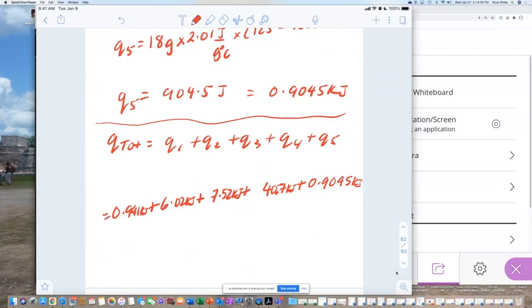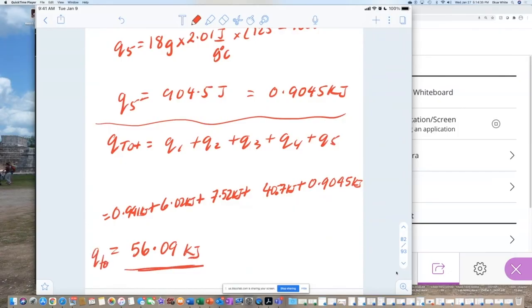Okay, so the last one plus 40.7 plus 7.52 plus 6.02 plus 0.941. Okay, I got 56.09. Q total.